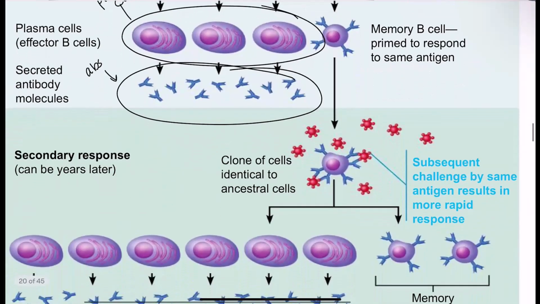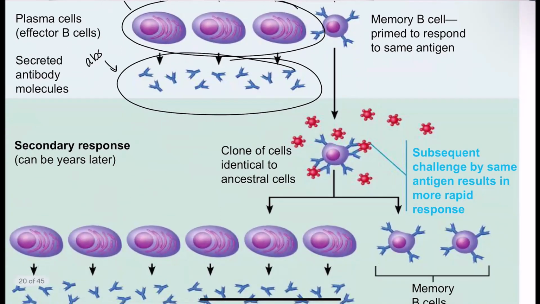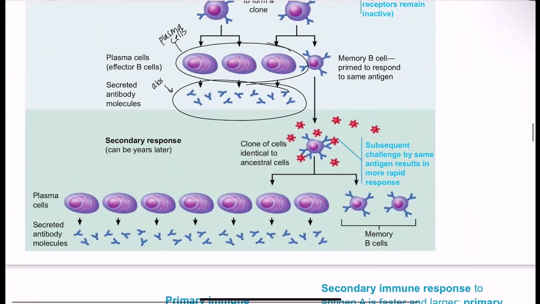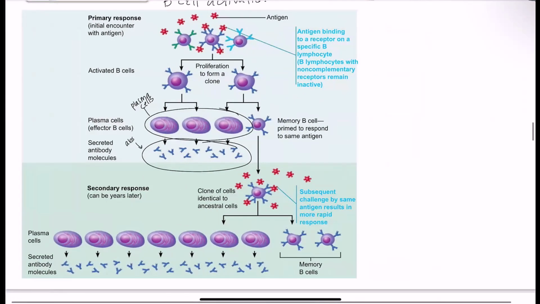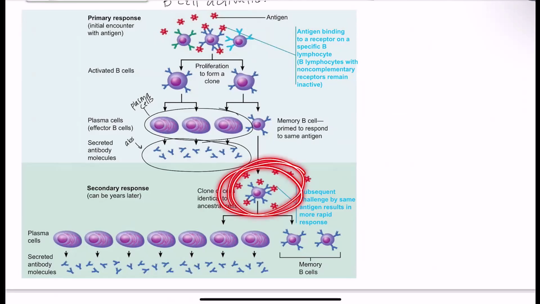But the thing is that the antibodies will hang out and bind to that red antigen. And once they bind to that red antigen, they mark it for destruction. The really cool thing is that if we see this antigen again, we won't have to start all the way up here. We'll actually start down here, with that memory B cell.